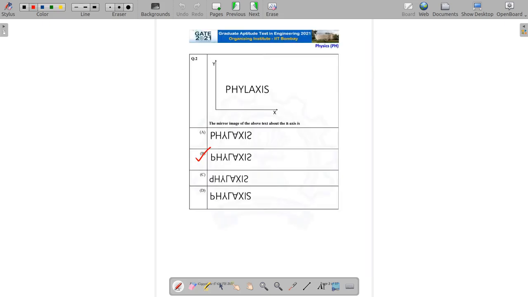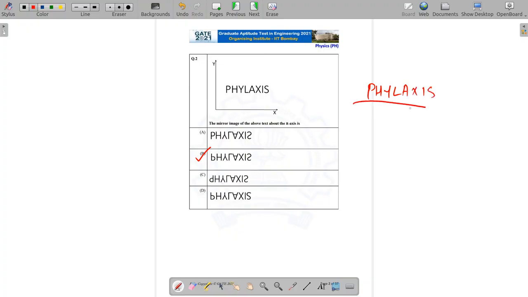Okay, second question, the mirror image of the above text. This is a little tricky. Axis.